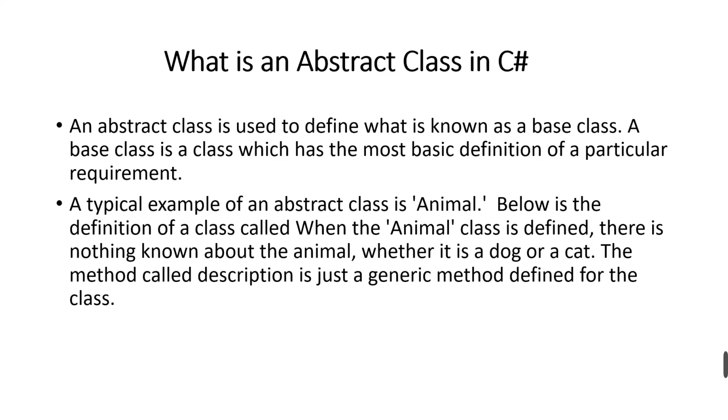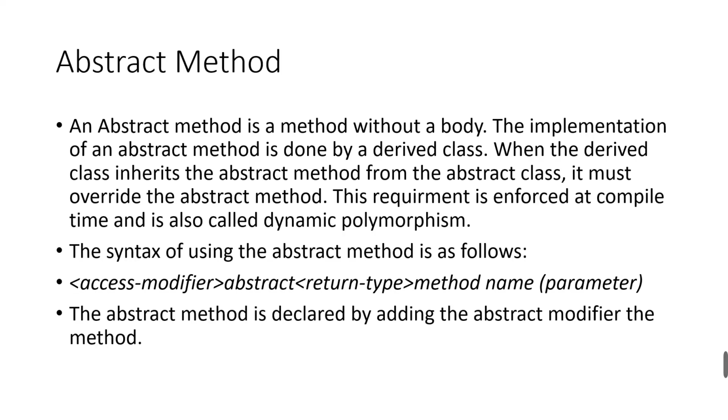Animal is the base class, and further categories are n number of types like cat, dog, giraffe, lion. Everyone has a different way of eating, but the definition of every animal is the same. So an abstract method can be defined in the base class, and any child class like the lion class or dog class can implement it from the animal class.